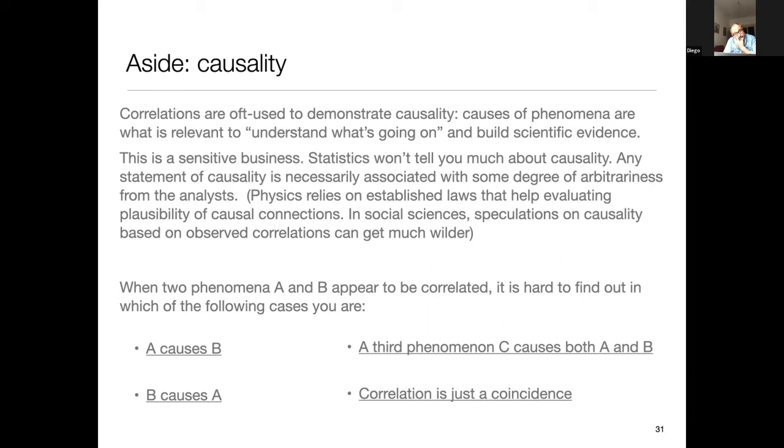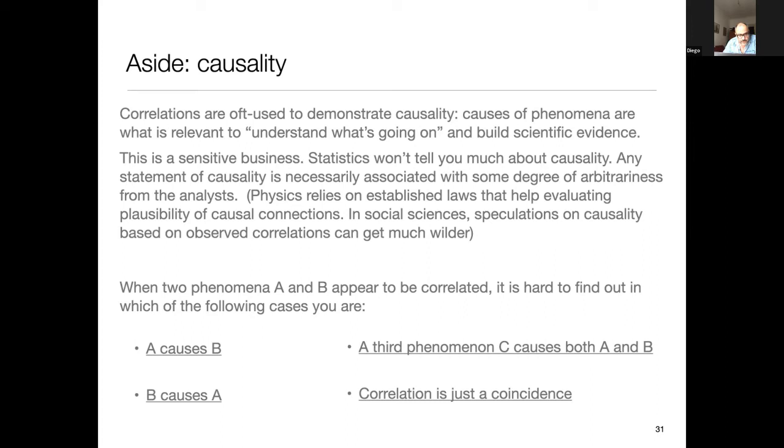But unfortunately, statistics does not tell us anything about causality. It does not tell anything about whether two phenomena are causally linked or just coincidentally linked.